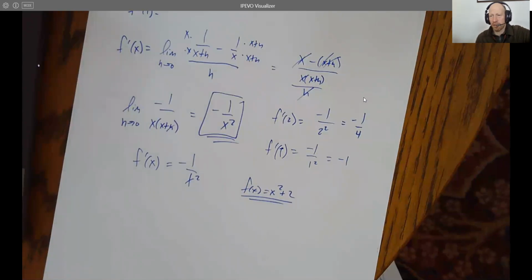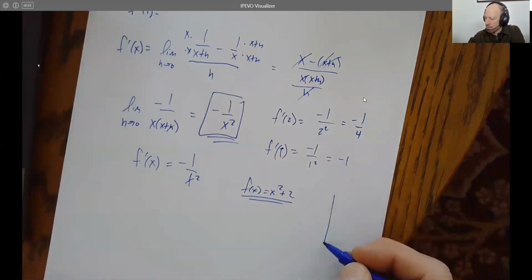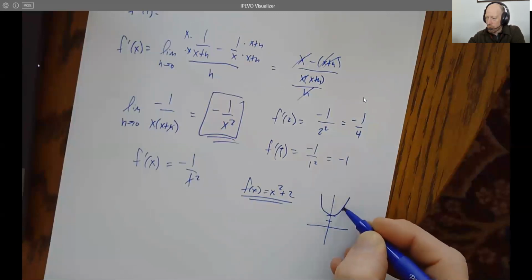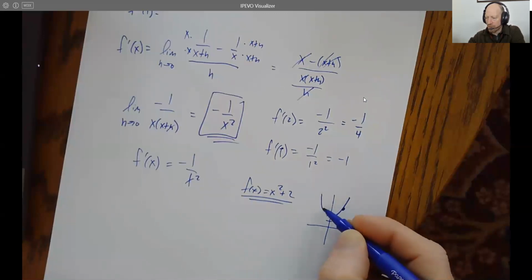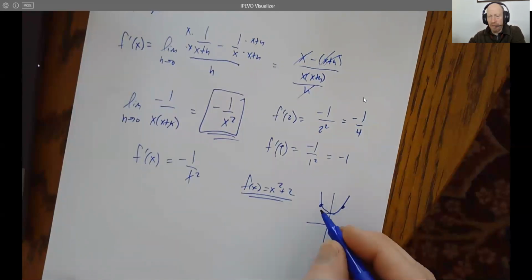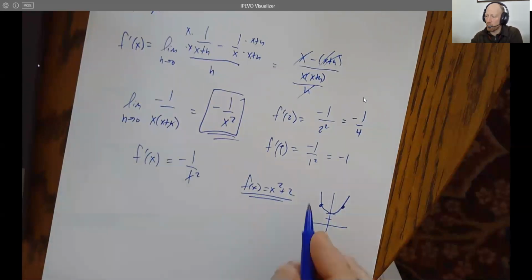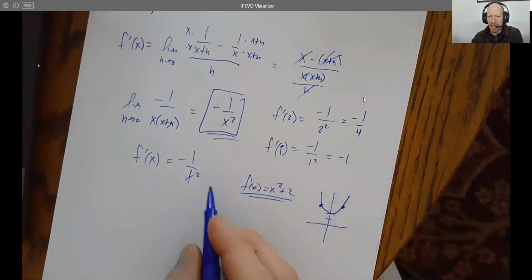The slope of the curve is not the same. Over here, I can see the slope is positive, and over here, I can see the slope is negative. So the derivative, which is the slope of the tangent line, is going to depend on where we are. It depends on x.